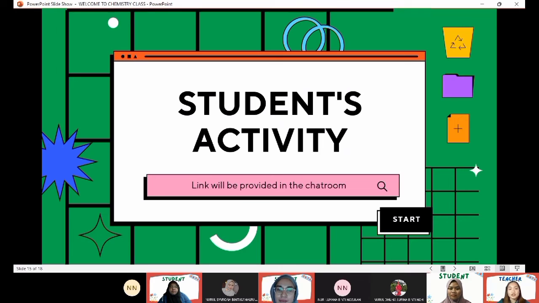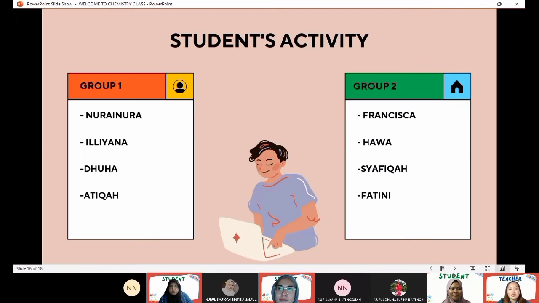Okay, now we move to the students' activity. I have provided the link in the chat room, right? Yes, teacher. This is your group. I have divided you into two groups. Please remember your group, click the link and enter the Canva website. At the Canva website, you choose the template of your group, group 1 or group 2, and then fill in the template.